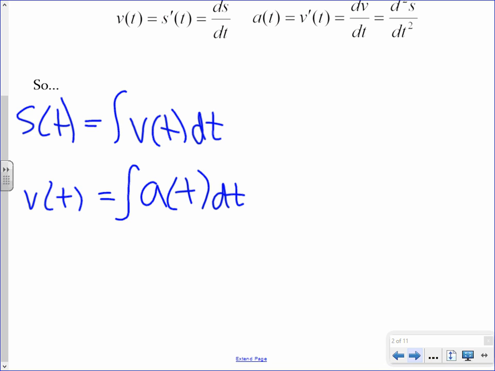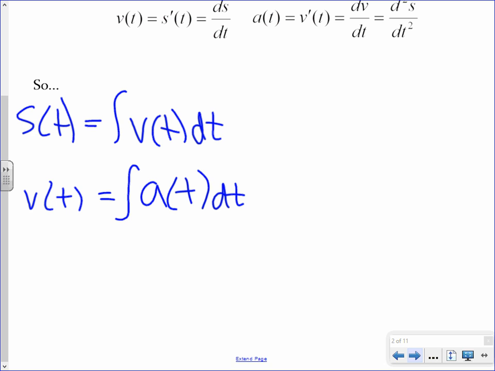Okay. Now, you know that when we take an antiderivative, we get that plus c if it is an indefinite integral. So if we want to know the exact equation for position, given velocity, or the exact equation for velocity, given acceleration, then we at least have to have one piece of data to find c.